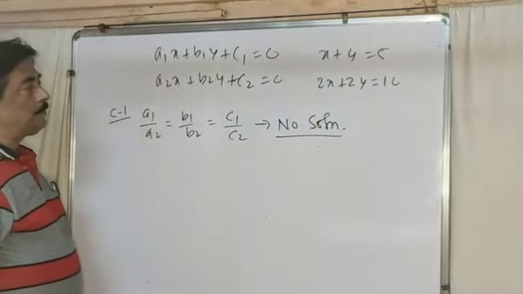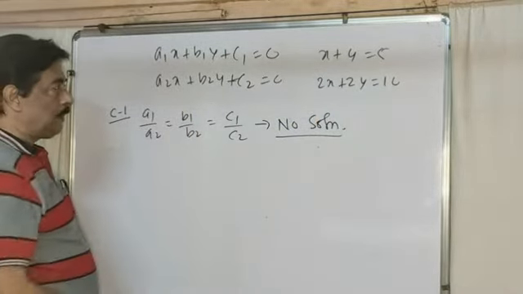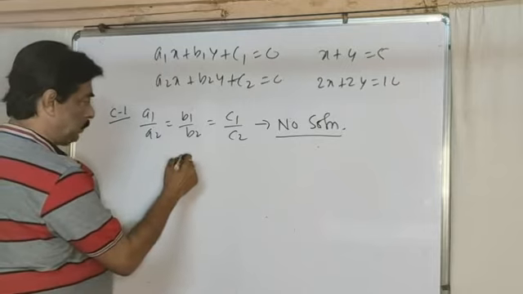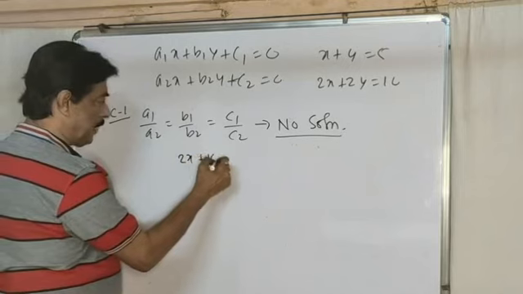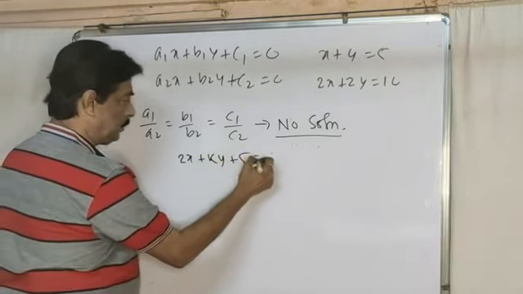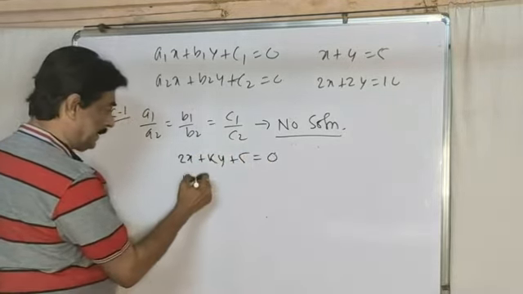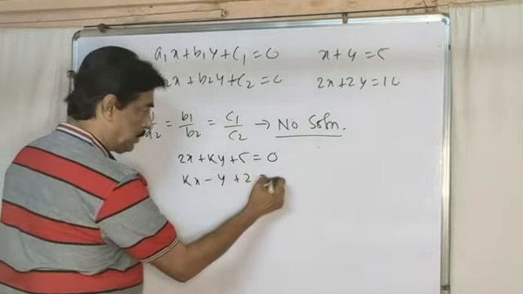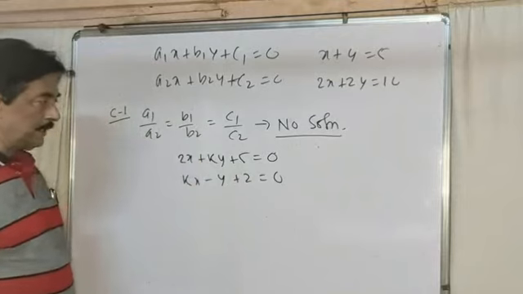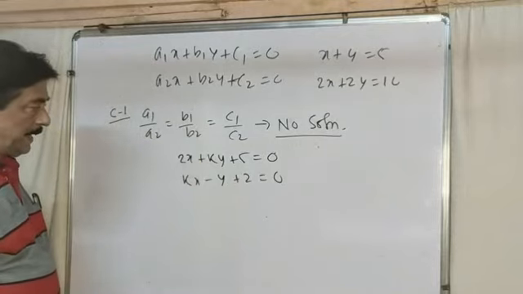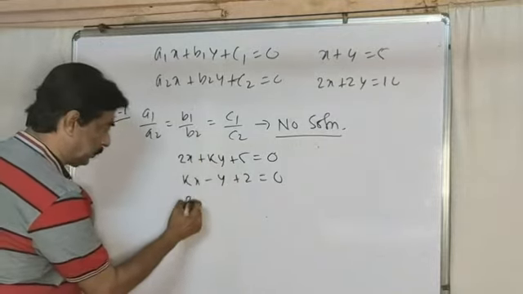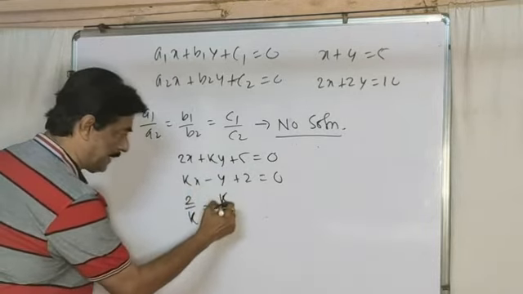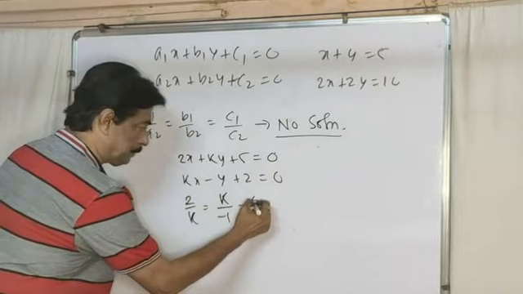a1x plus b1y plus c1 equal to 0, a2x plus b2y plus c2 equal to 0. The equation has no solution. Example: 2x plus ky plus 5 equal to 0 and kx minus y plus 2 equal to 0. The equation has no solution. What is the value of k? So this by this, 2 by k equal to ky by minus 1, and this by this, 5 by 2.